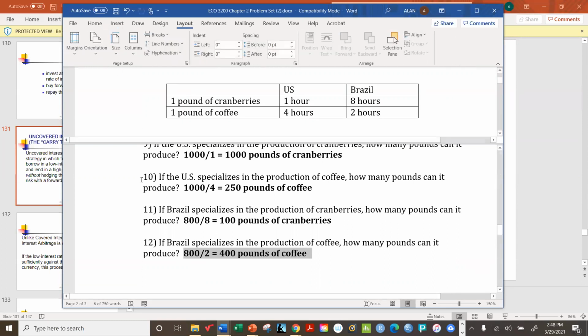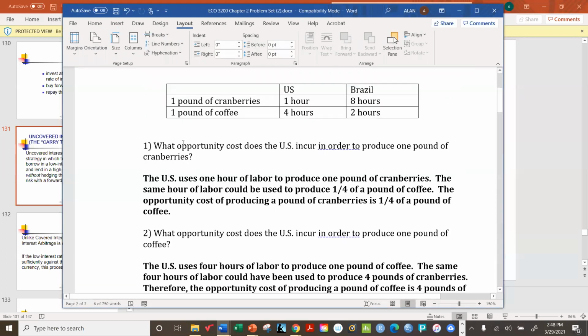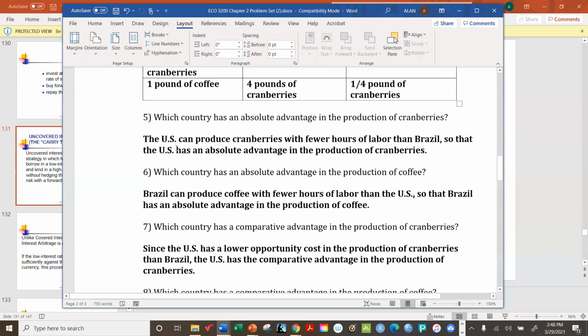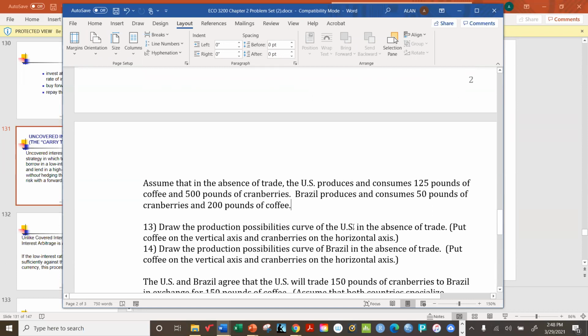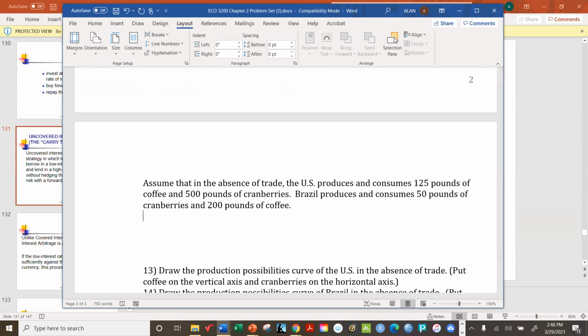Now, in the absence of trade, let's make some assumptions here. So the US produces and consumes. With no trade, we have to consume the same amount that we produce. So we have 125 coffees, 500 pounds of cranberries.